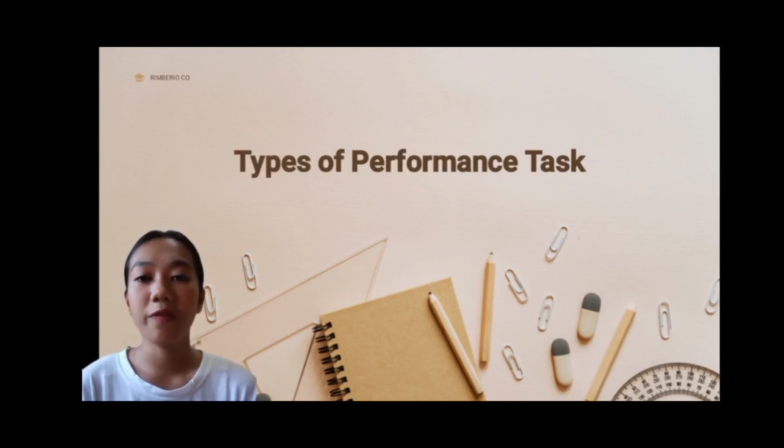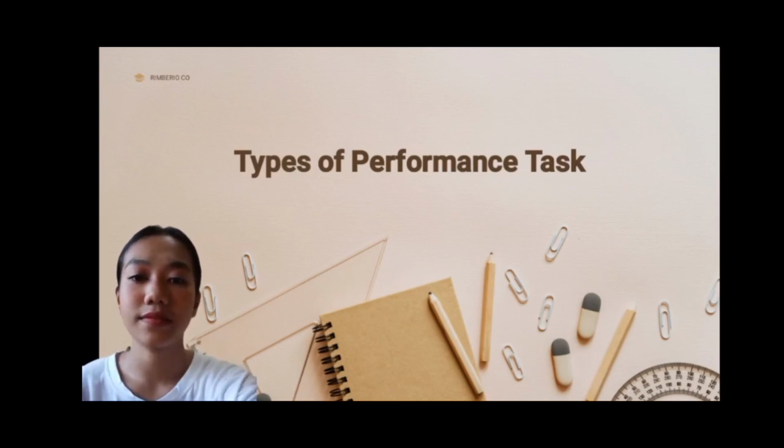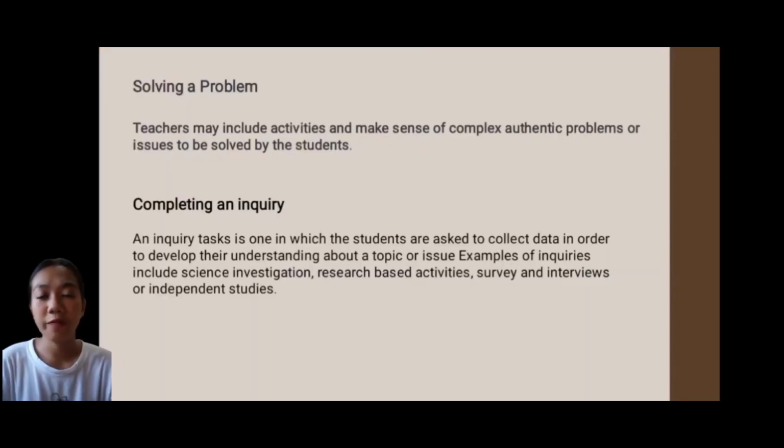Below are some performance-based assessments, according to Mushal 2009. The first type of performance task is solving a problem. Critical thinking and problem solving are important skills that need to be sharpened and developed by the learners. Teachers may include activities and make sense of complex authentic problems or issues to be solved by the students.